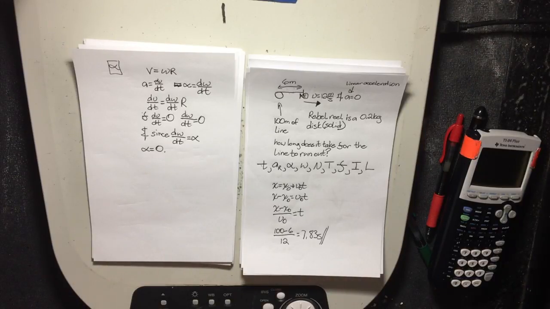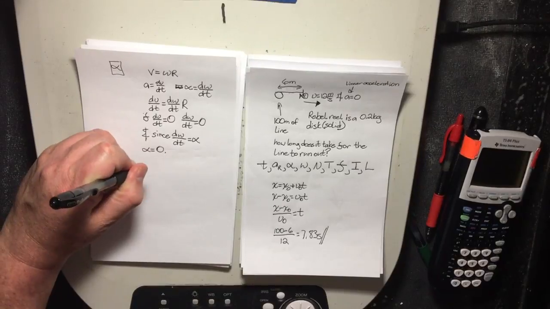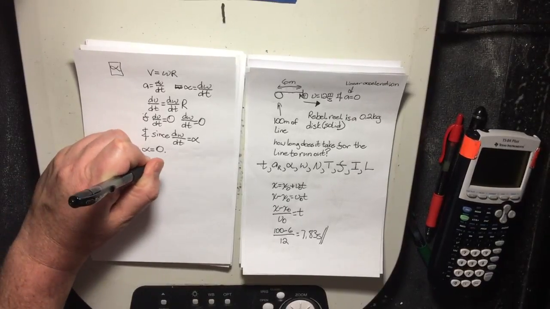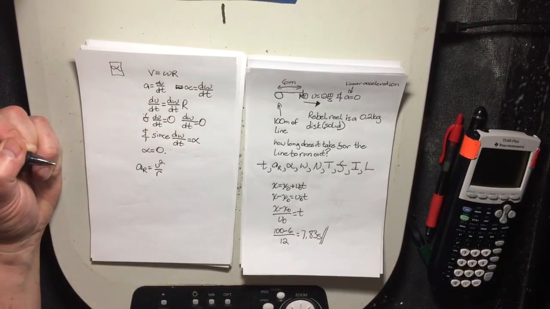Angular acceleration is 0. Does that mean radial acceleration is 0? Real question: if alpha is 0 and this thing is rotating, I just asked this question a couple minutes ago. Is there a radial acceleration? Yes. That radial acceleration is v squared over r.